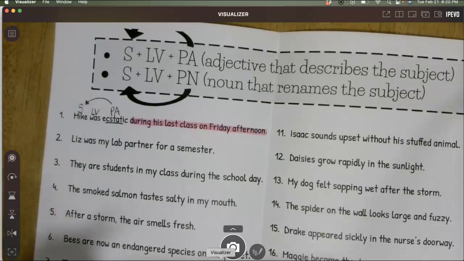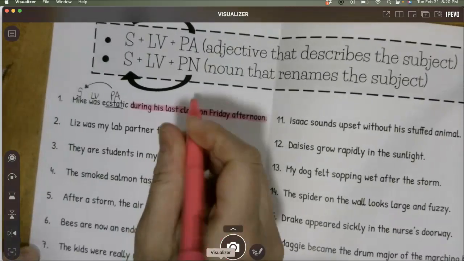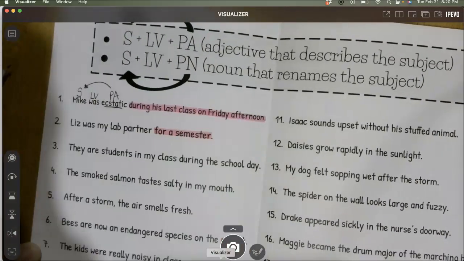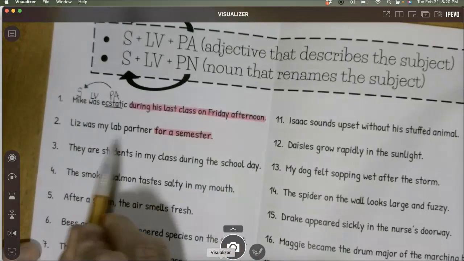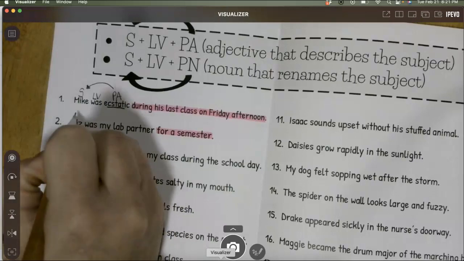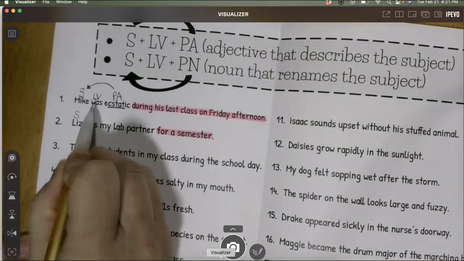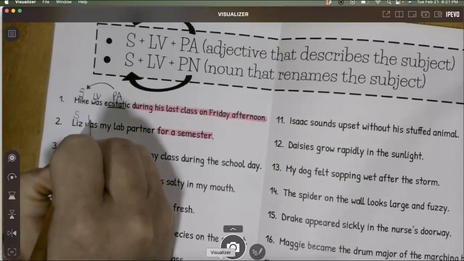Number 2, Liz was my lab partner for a semester. So for a semester is a prep phrase. I'm left with Liz was my lab partner. I'm going to look for my subject, Liz. Look for my verb, and I see was. Well, if was is a linking verb there, it's a linking verb here. Was.